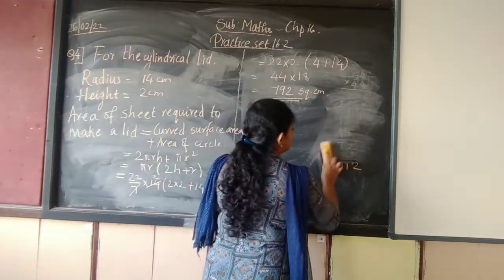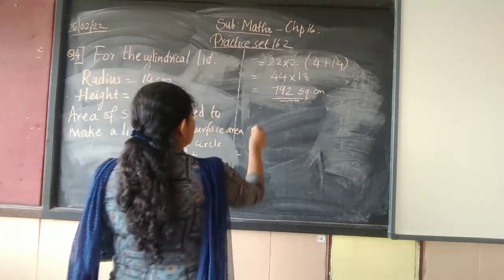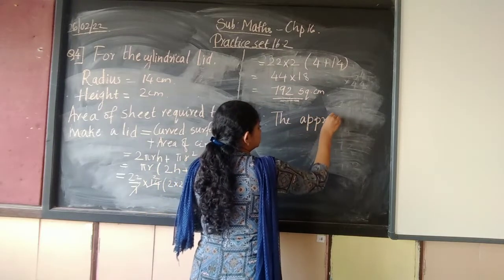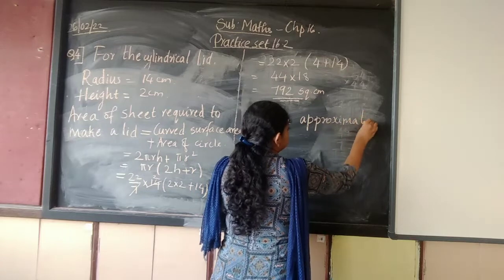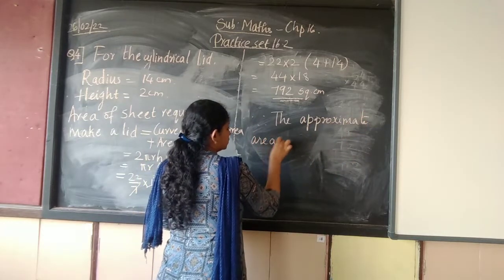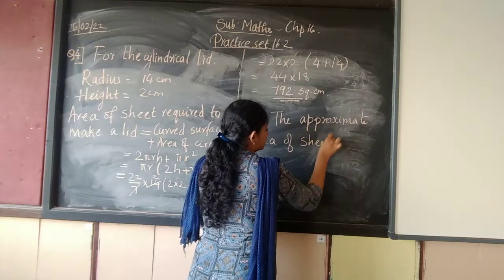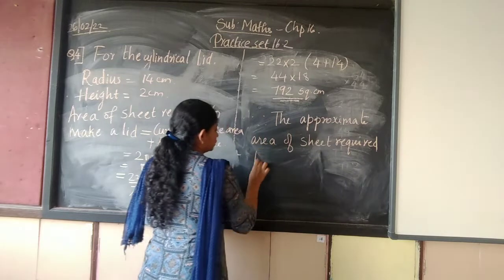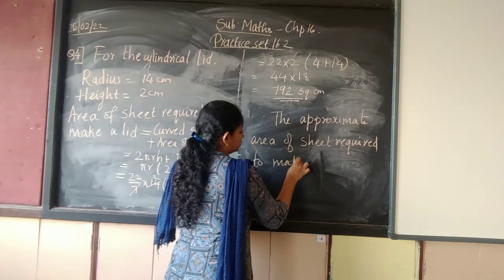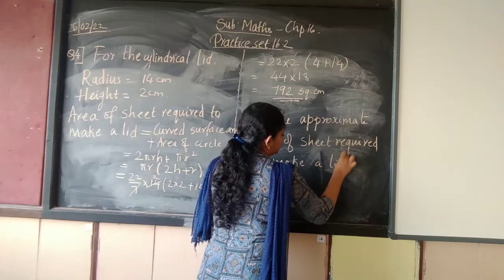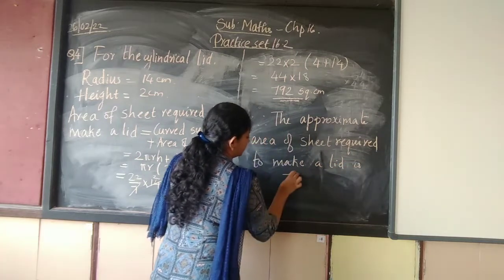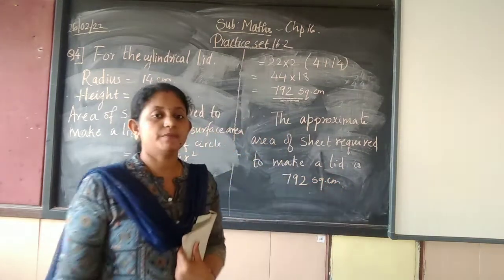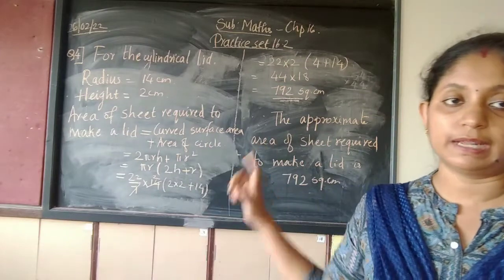So you are going to write, therefore, the approximate area of sheet required to make a lid is 792 square centimeter. Okay, so this is how you are going to write it down.